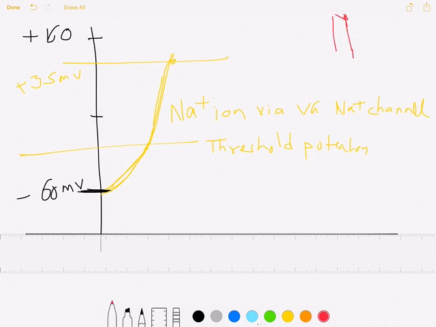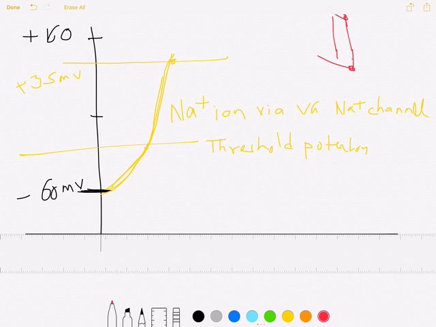Deep depolarization also does another thing. It closes the inactivation gate. Now this is very, very important. So this is closed, so more sodium cannot go in anymore.